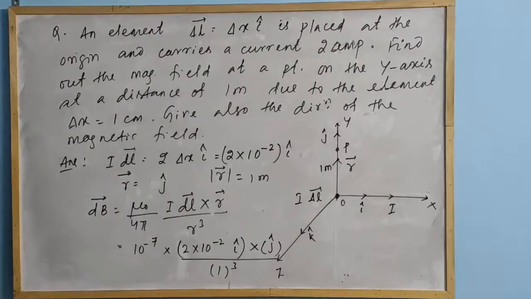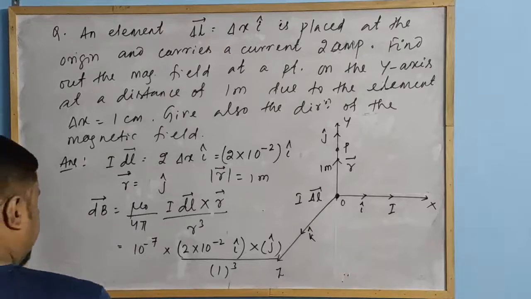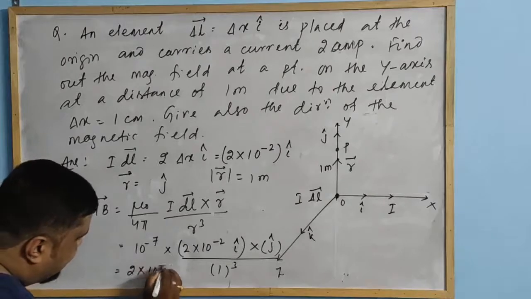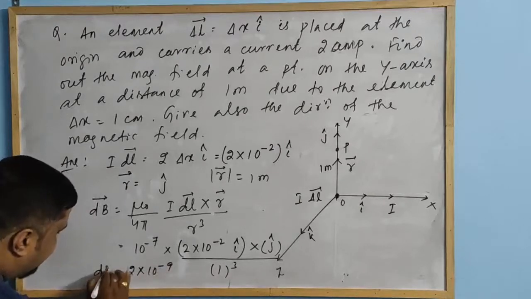If you solve this one, what will you get? That is equal to 2 into 10 to the power minus 9, that is your dB.